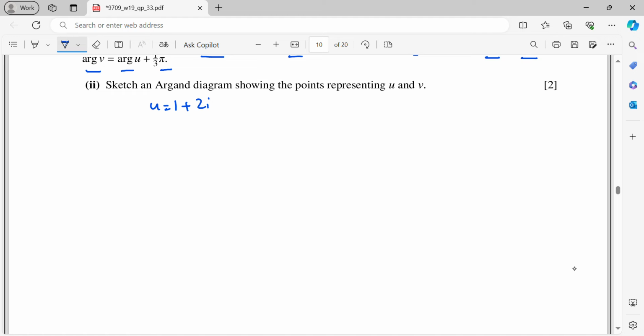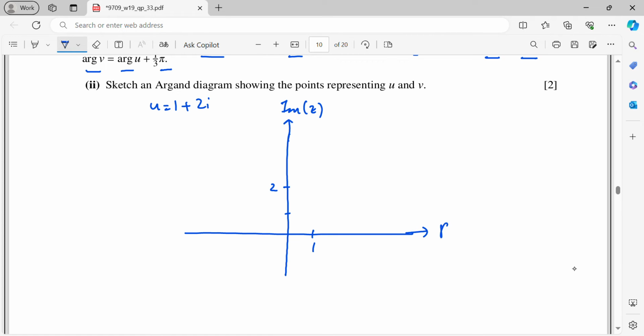So here, okay, 1 plus 2i is here. This is the U. This is the O, origin.